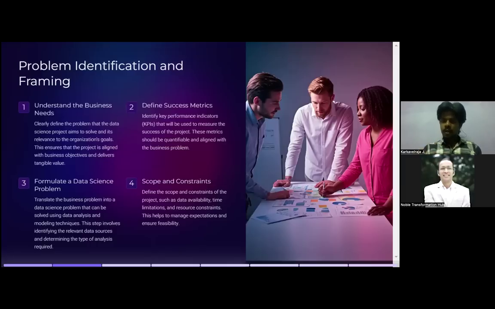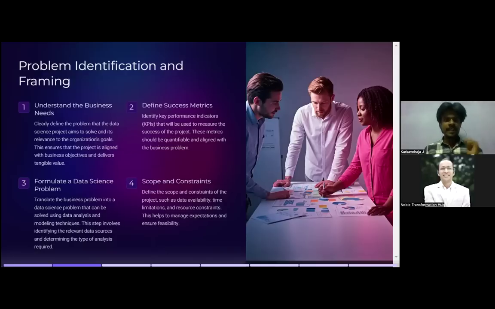If you are building a model, whether it is going to satisfy the business intention is the primary goal. We all can build a model, but whether the model is going to do what the business needs, that's the end goal. So you need a proper understanding of the business need. That's the first point for problem identification.